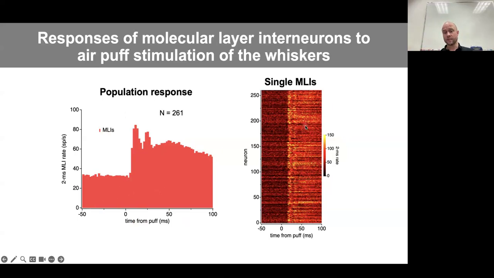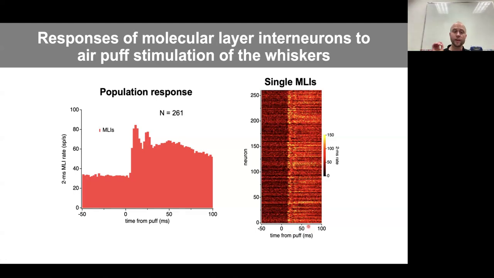This was consistent on the level of individual MLIs in the population. Each line on this heat map is a 2 millisecond histogram from a single cell, and you can see that most of them are firing this double peaked response, followed by this maintenance of a high firing rate.